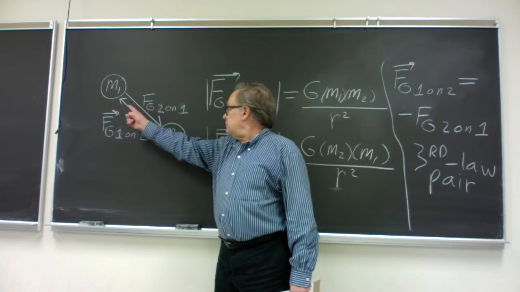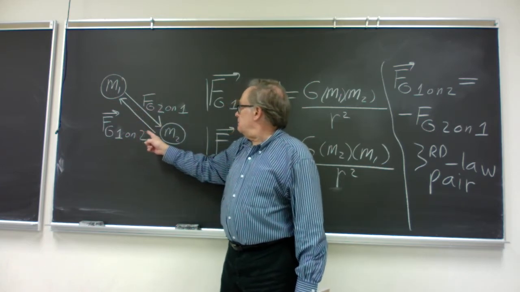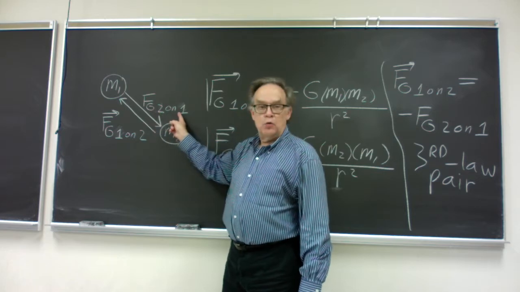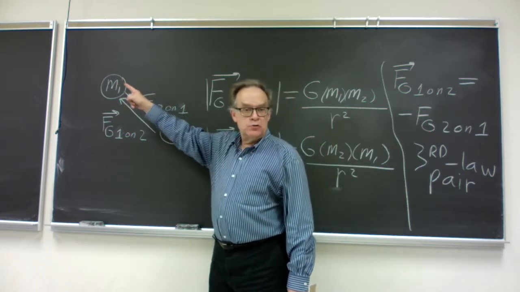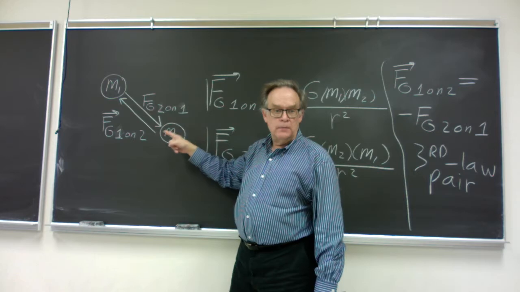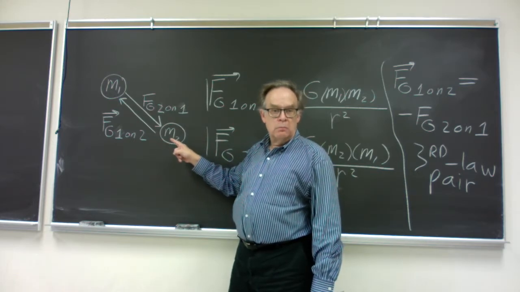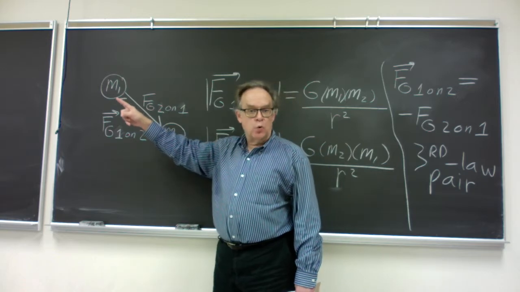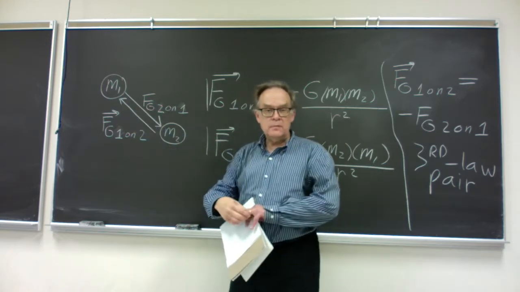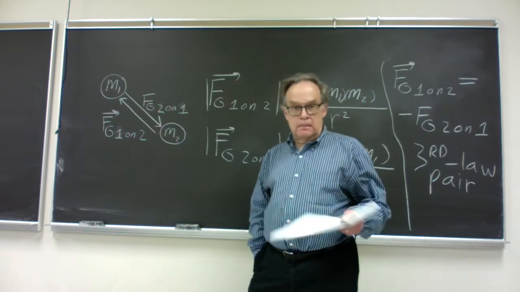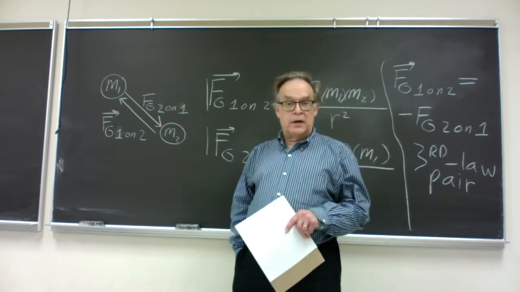The gravitational force from 2 on 1 pulls 1 toward 2, and the gravitational force from 1 on 2 pulls 2 toward 1. That's all we have to say about the direction of that particular force.